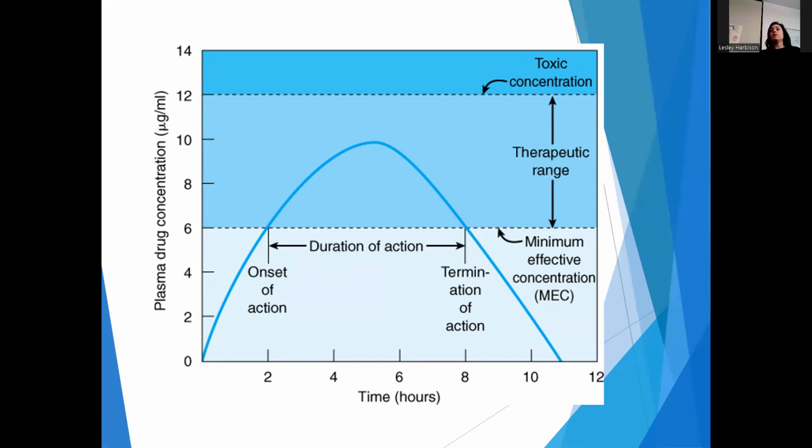And so you would have taken another dose somewhere in here while it still has a therapeutic effect. And they calculate all of that, they take into consideration the half-life and all that to calculate the right range.